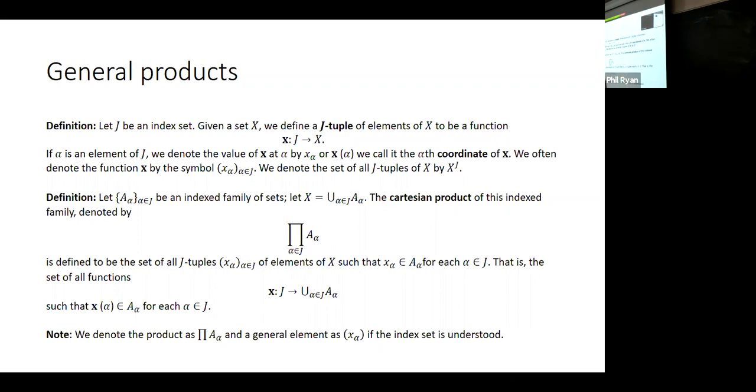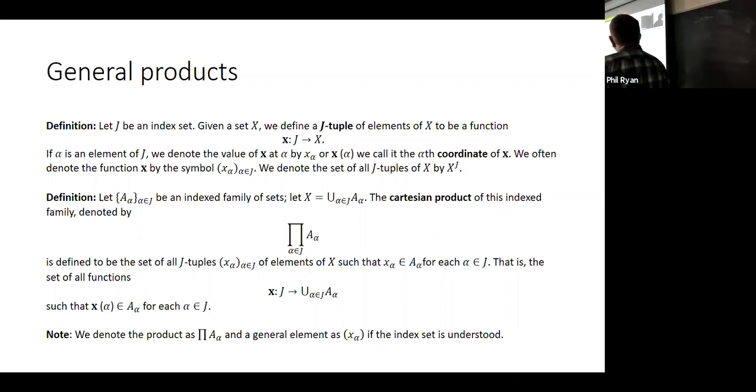Okay, so alpha is going to be a generic, it's going to be like i for us. It's an element of J, and so X is a function, so X evaluated at alpha, sometimes we call that just X sub alpha. And that's the alpha coordinate of X. Okay.